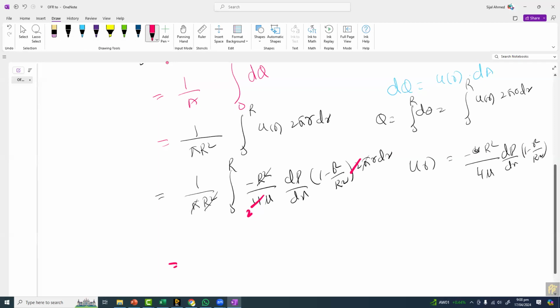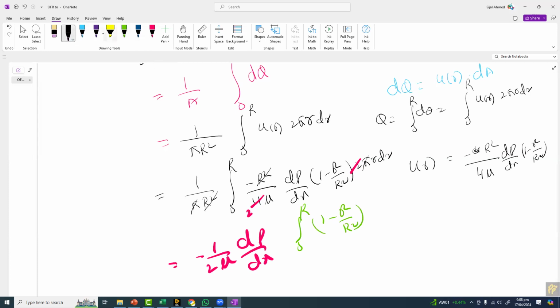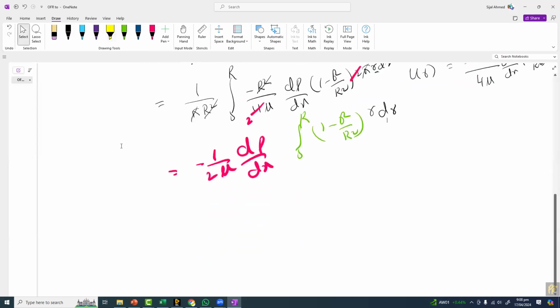So what we have right now is the minus sign, 1 upon 2 mu, dp by dx, and inside the bracket, from 0 to R, 1 minus r square upon R square, into this small r and dr. Okay.